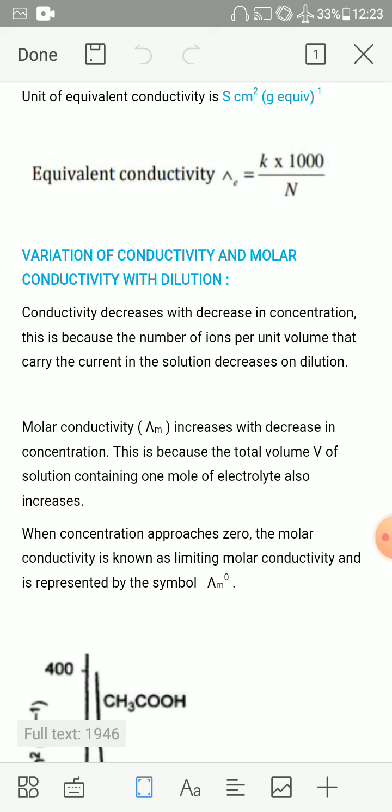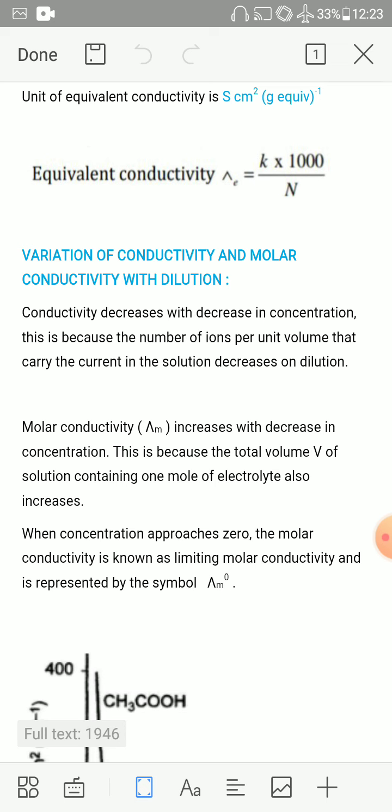Conductivity, that is normal conductivity, kappa, decreases with decrease in concentration.